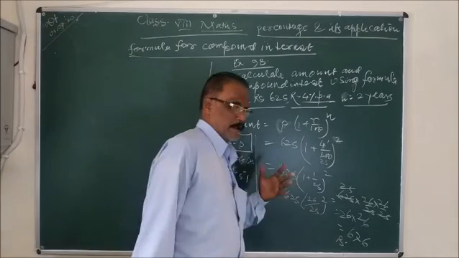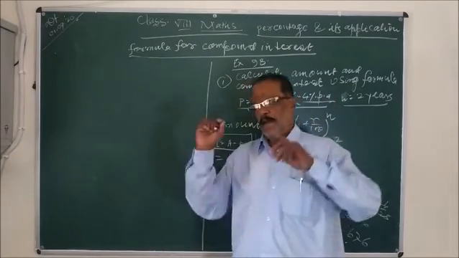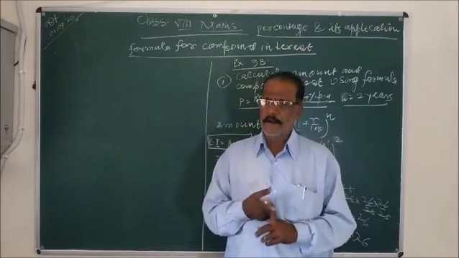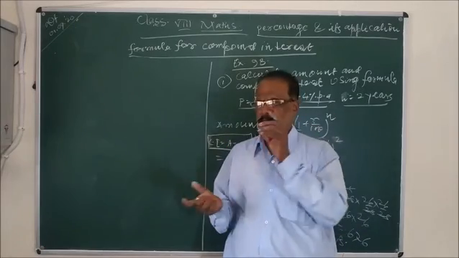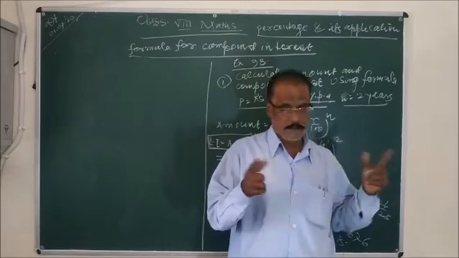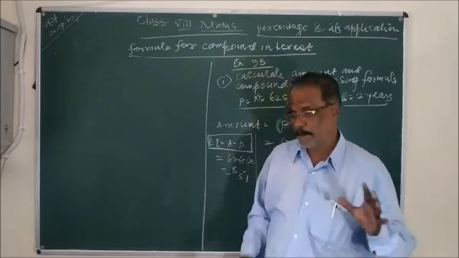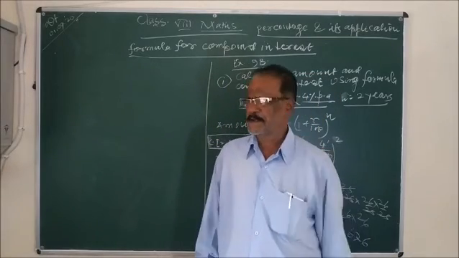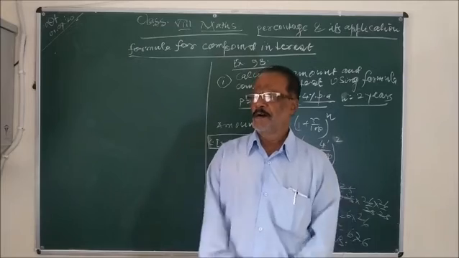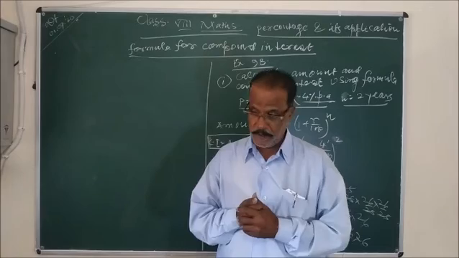I have also explained what compound interest is: when the interest is calculated yearly, half yearly or 6 monthly, this interest is added to the principal, and that amount becomes the principal for the next year. This continues for the number of periods, and in the end we find the compound interest.